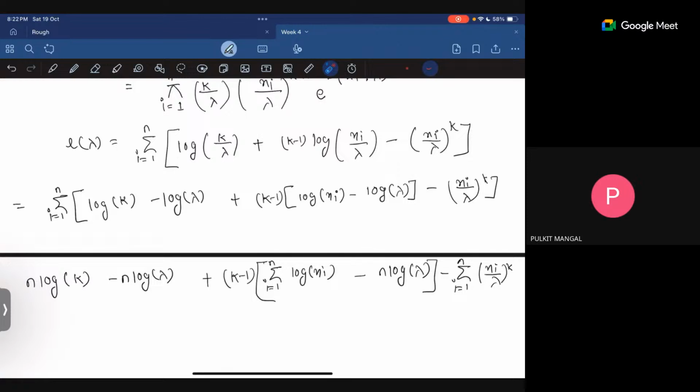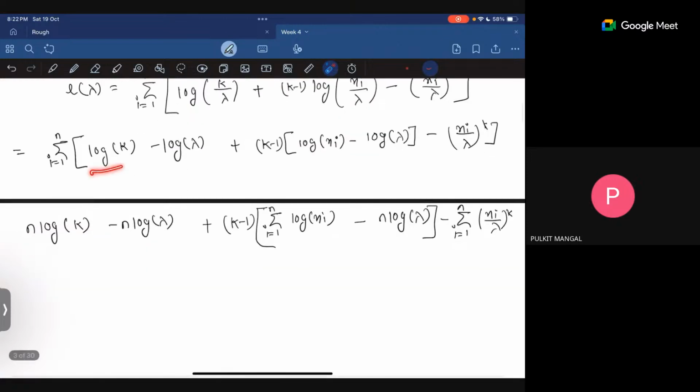So the next is, because these two terms do not depend on xi, the summation is from i equal to 1 to n, but these two terms do not have xi, so they would simply be added n times. So it would become n log k minus n log lambda. This k minus 1 would be getting multiplied, and I have taken the summation inside of this.